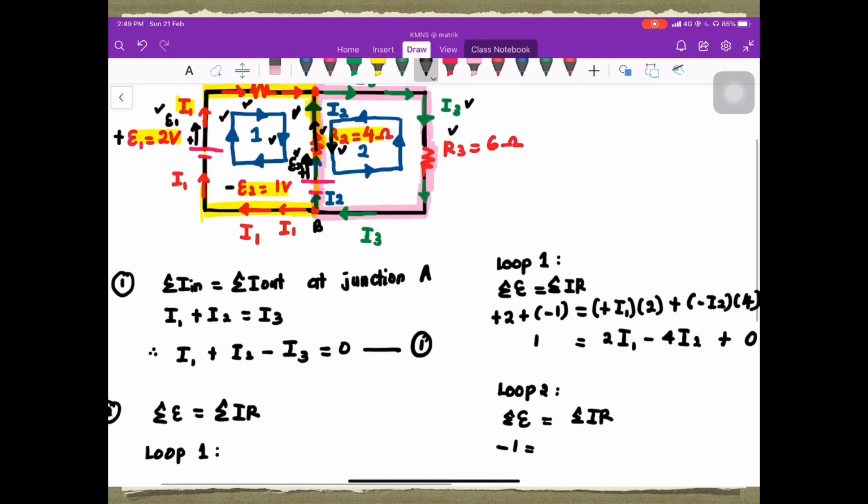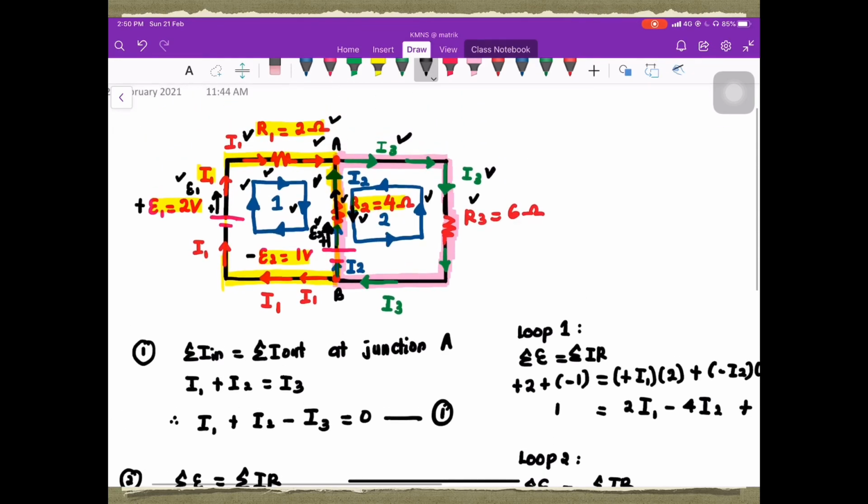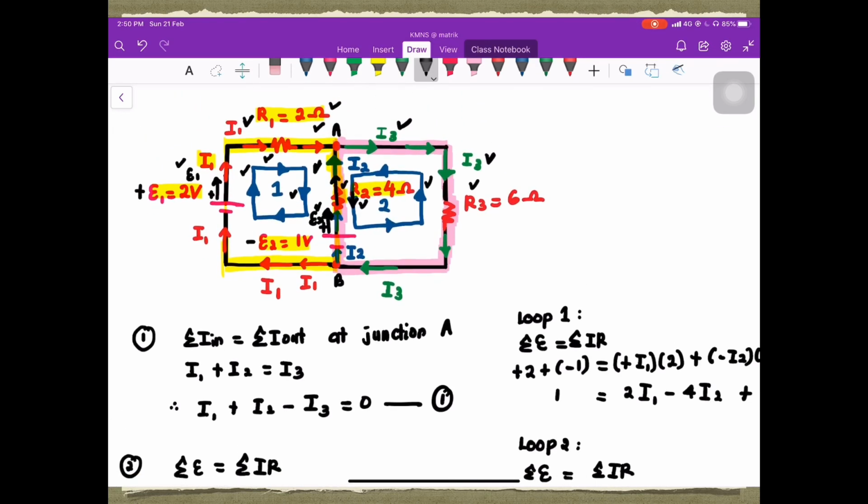This I3 is downward but the nearest loop is upward, different direction, so negative I3 times 6 ohm. Plus, what about this resistor 2 ohm?